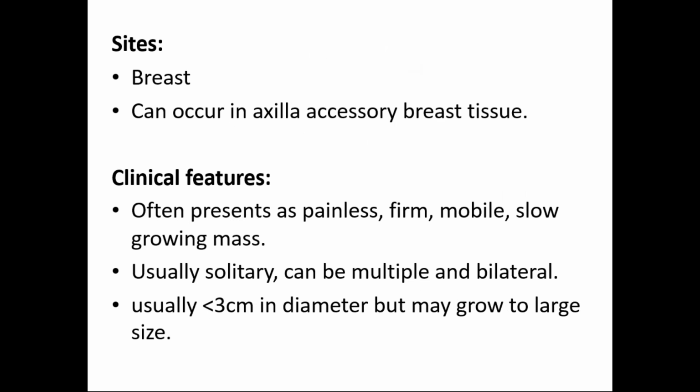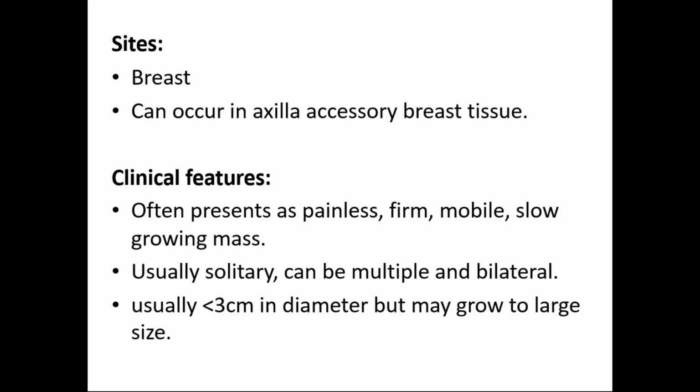The site most commonly is the breast, and sometimes this fibroadenoma can also occur in the axillary regions of the breast tissue. Mostly the patient may present with a painless, firm, freely mobile, slow growing mass.